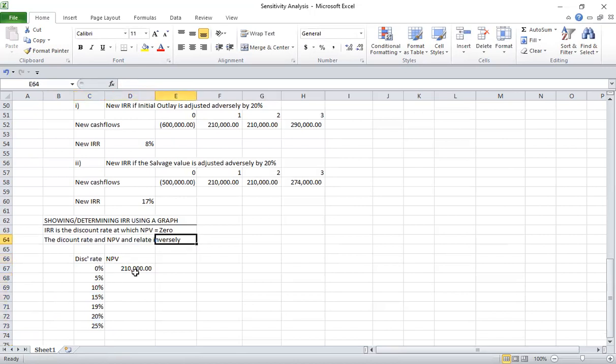As you then continue to increase the discount rate, because their relationship with NPV is inverse, the NPV will keep reducing. So how much is the NPV at the next discount rate, which is 5%?